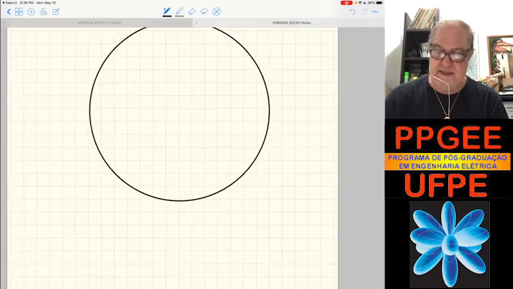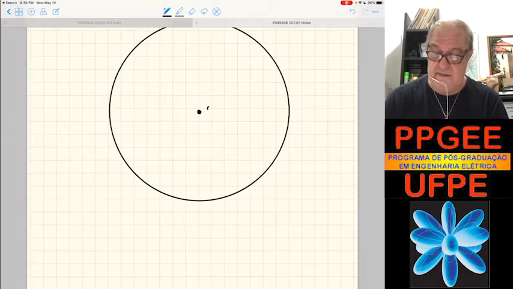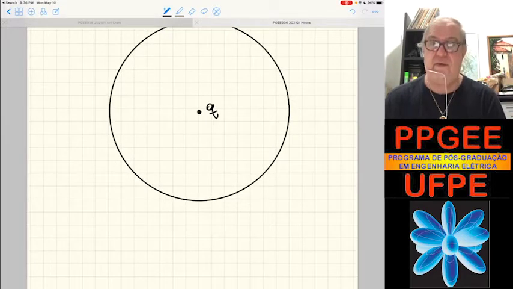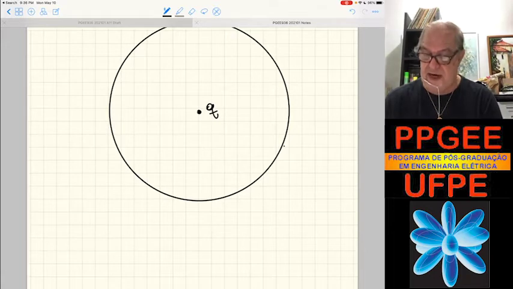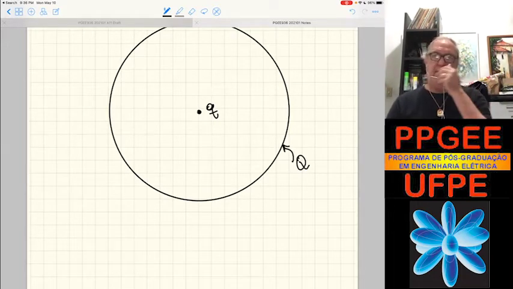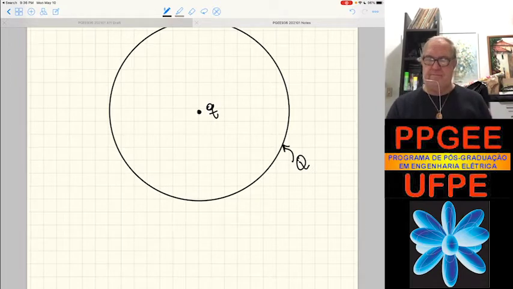We have a charge inside at the center. The charge has a total charge Q, right? We can solve again the problem. We don't know the potential on the surface, we know the charge.